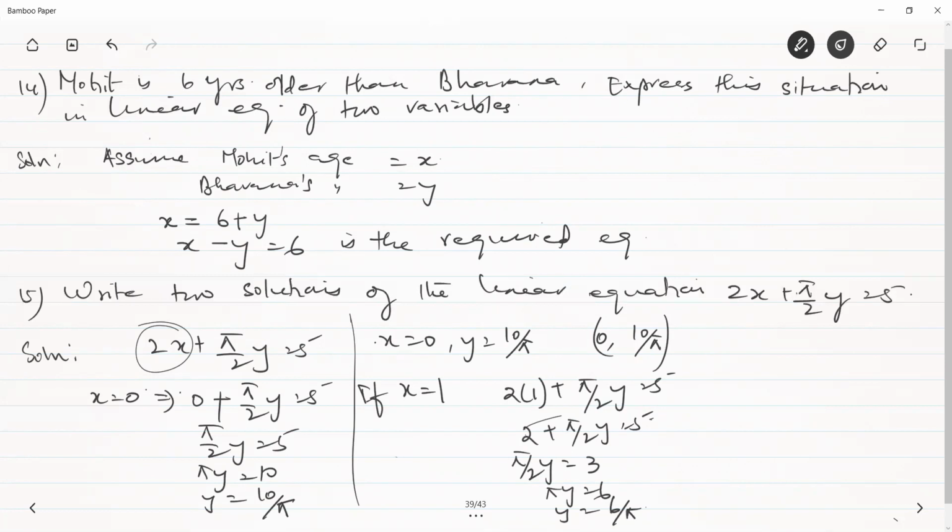So when x is 1, the value of y is 6/pi. So these are the two solutions: (0, 10/pi) and (1, 6/pi).